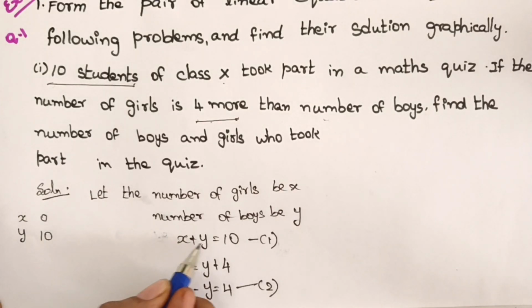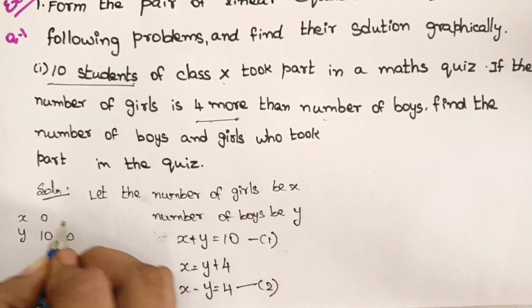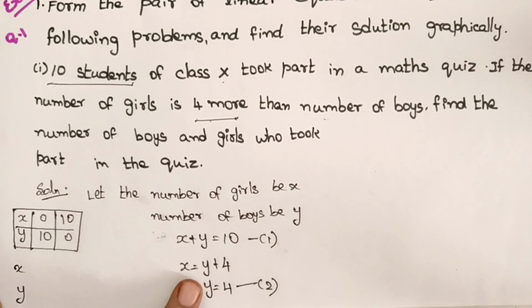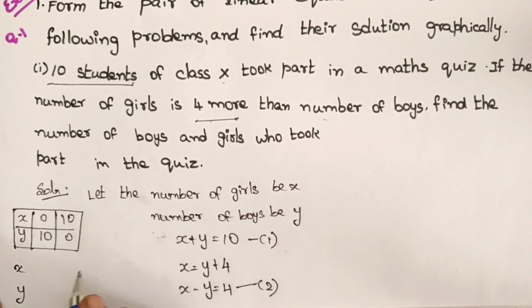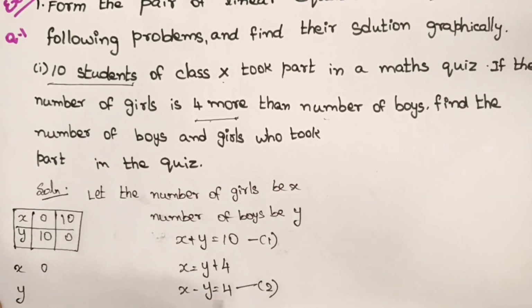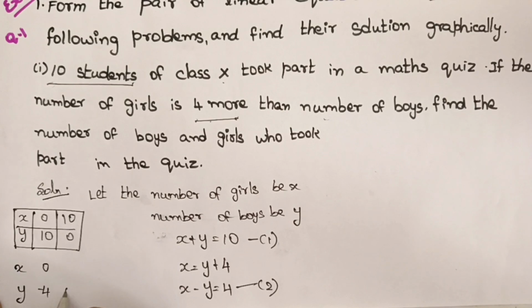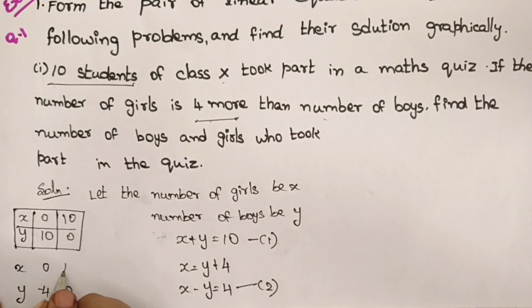Put y equal to 0, you get x equal to 10. And in the second equation, put x equal to 0, you get y equal to minus 4. And put y equal to 0, you get x equal to 4.